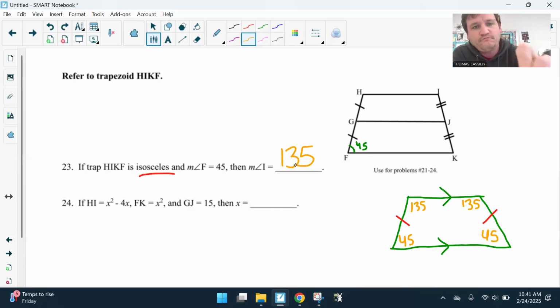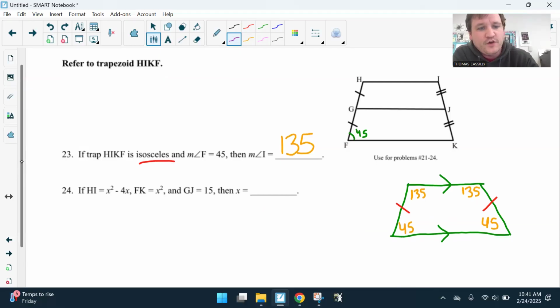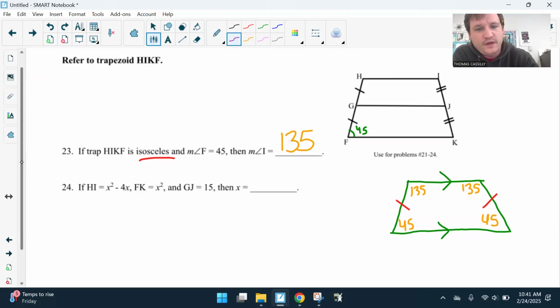Now on the last one, I see a squared in there, so we're probably going to have to factor. So HI is x squared minus 4x, FK, and GJ. The middle one, 15, is equal to the top plus the bottom divided by 2.